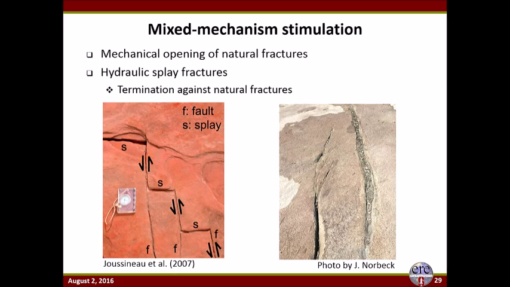This is an example of several parallel fractures in sandstone with splay fractures coming off their tips and linking up the neighboring fractures. And on the right, that's a picture I just took on Sunday as I was backpacking through the Sierras. And again, this is actually in granite, and you can see that you have these two parallel fractures with some consistent splay fractures forming off to one side. And that's the exact mechanism that we're hypothesizing occurred at Fenton Hill.